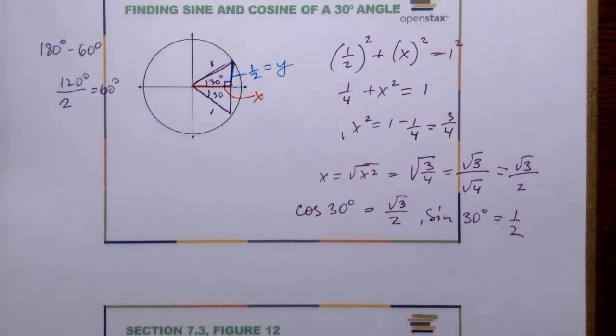Okay, guys, so this theme will be repeated over and over again. So you just have to memorize these function values: cosine 30, sine 30, cosine 45, sine 45, as well as sine and cosine of 60. These are the basic values that need to be memorized.